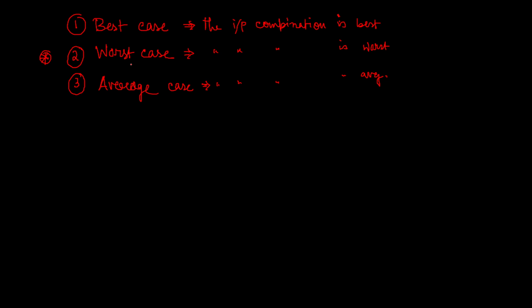If I have two programs and I find that the time complexity in the worst case of program 1 is better than the time complexity in the worst case of program 2, then naturally for a best case or an average case, the time to execute program 1 will be better than program 2. So generally we always consider worst cases.